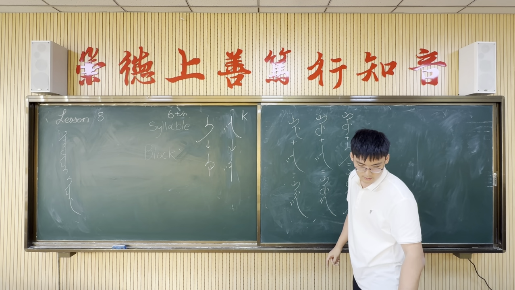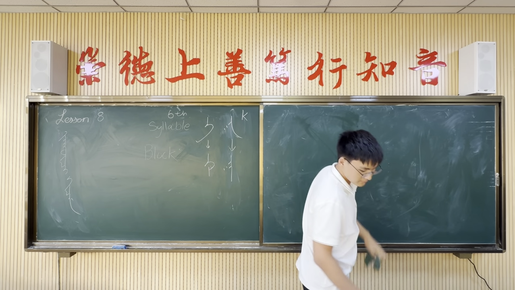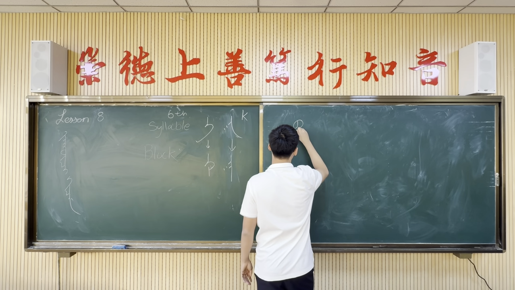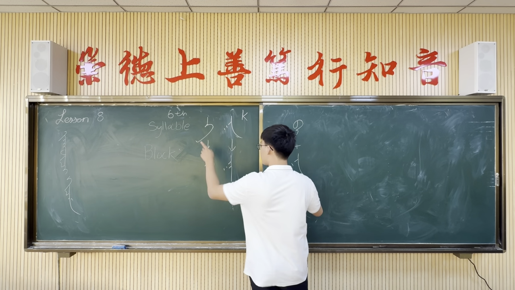Now we'll move on to writing 6 more examples. And that'll be it for this lesson. Okay. So we have ba plus 6th syllable.